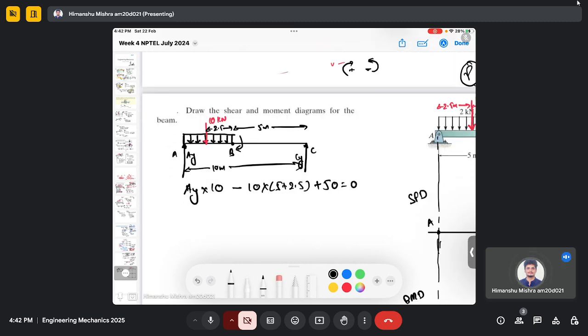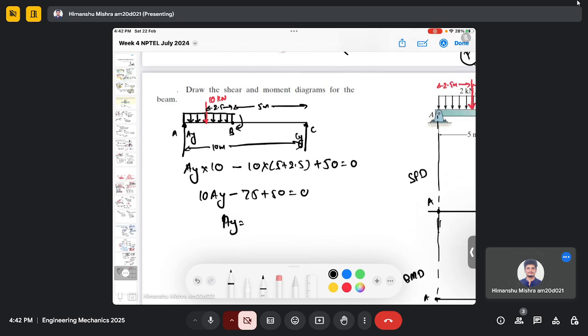So this is 10 AY, minus 75 plus 50 equals 0. So AY will be 25 by 10. So my AY will come out to be 2.5 kilonewton.